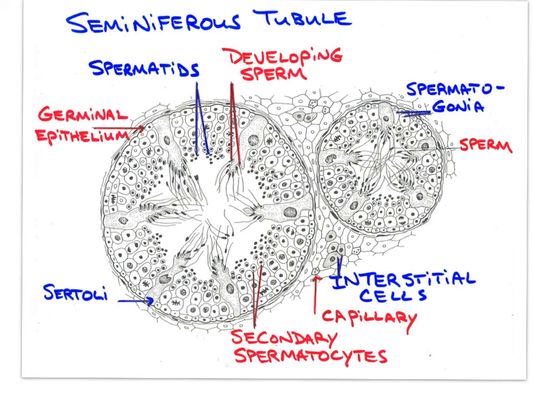Spermatids must differentiate into spermatozoa. This is known as cell differentiation. Nutritive Sertoli cells, seen here and here, with their developing spermatocytes nestled into the membrane. And between the tubules, we can see the interstitial cells of Leydig that secrete testosterone.